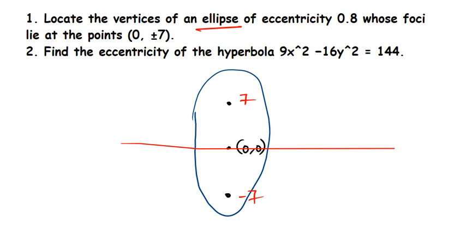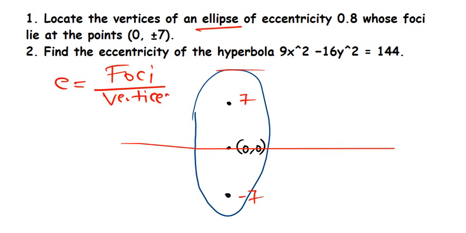What are we told? We are told to locate the vertices of an ellipse of eccentricity 0.8 whose foci lie at the points 0, plus or minus 7. How do we do it? The other formula that you should know is that eccentricity is given as the distance between the foci divided by the distance between the vertices.